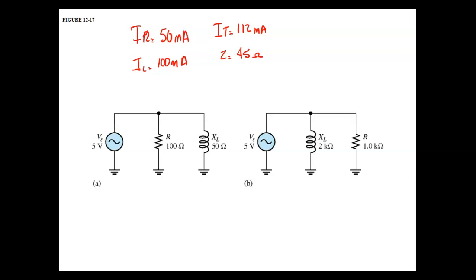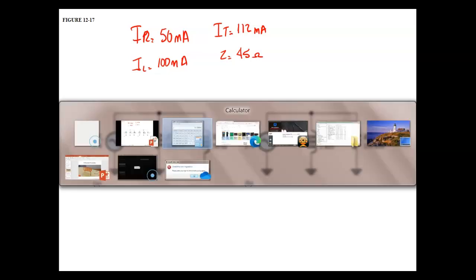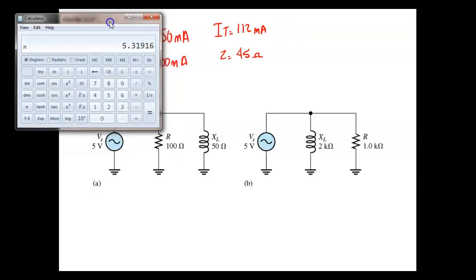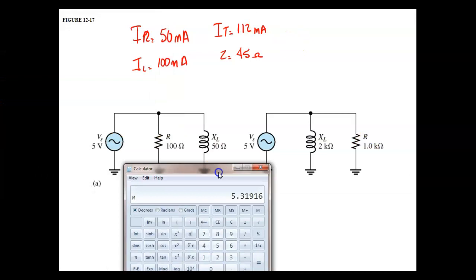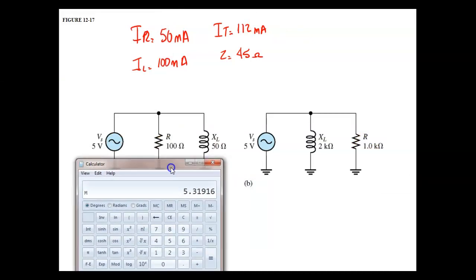What do you mean? You got the milliamps for the total current. Well, I'm adding reactive current and resistive current, so I can't just add them. I've got to add them using Pythagorean's theorem. That's the current, right?